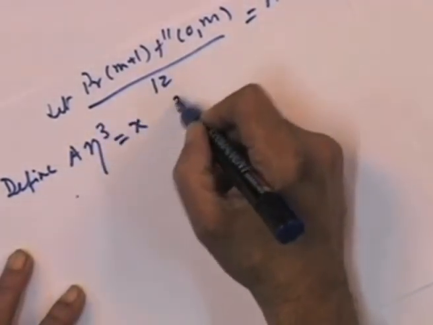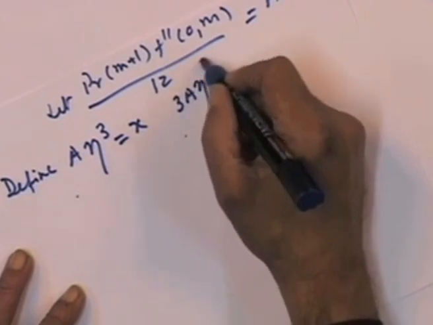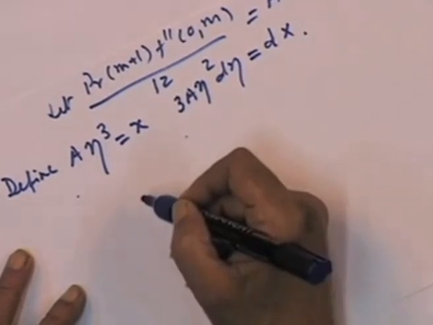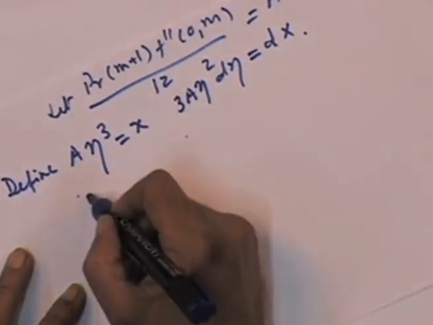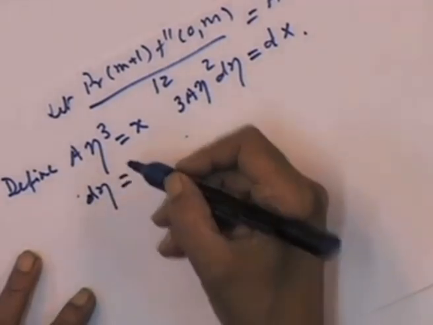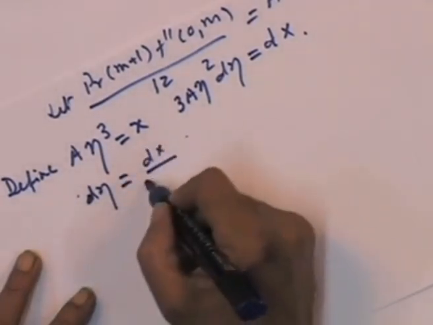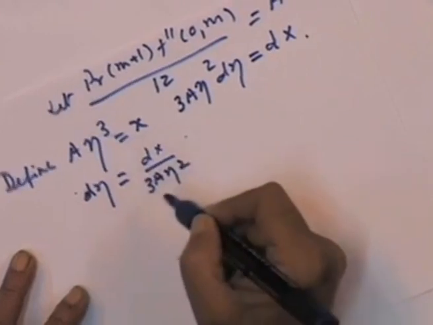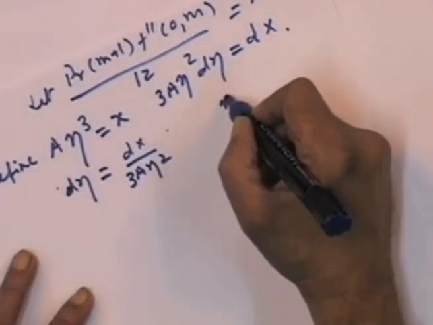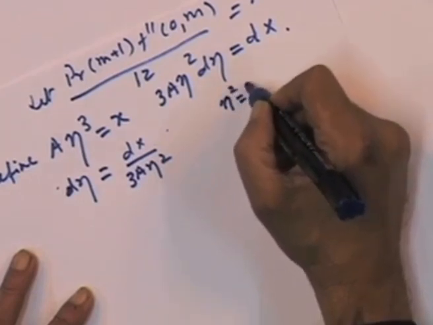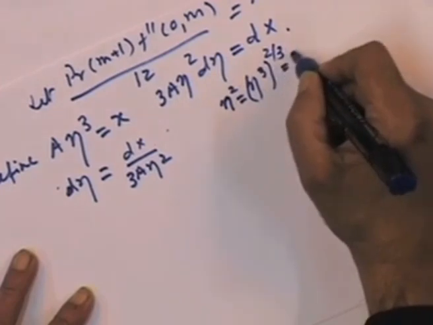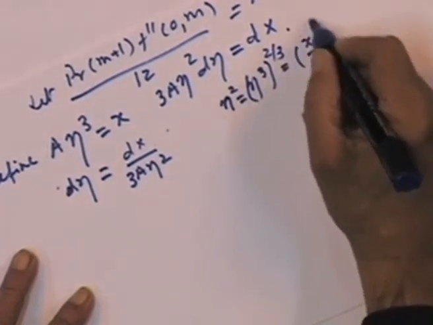Then 3 a eta square d eta will equal dx, and therefore d eta will equal dx divided by 3 a eta square, and eta square will be equal to eta cube raised to 2 by 3, and that will equal x by a raised to 2 by 3.